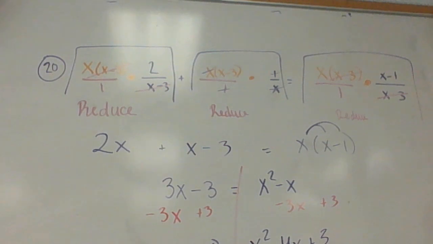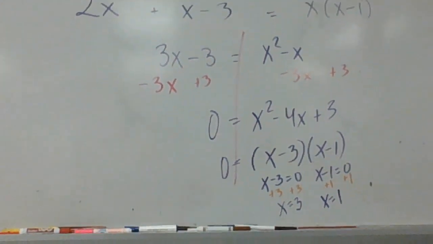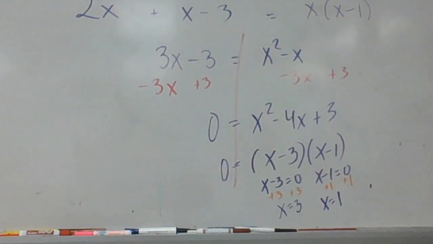And then you have 2 answers, but I think one of them is going to be a problem. So I got x equals 3 and x equals 1. But I got a serious issue with x equals 3. I wanted to mention this yesterday, but it just didn't come up. X equals 3 is going to get rejected. This one's rejected.